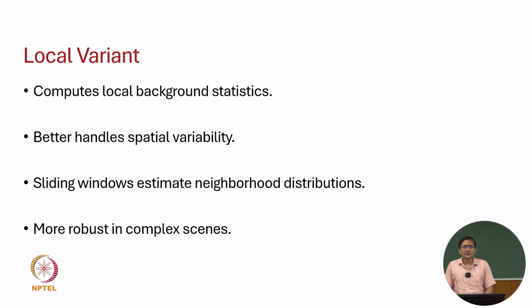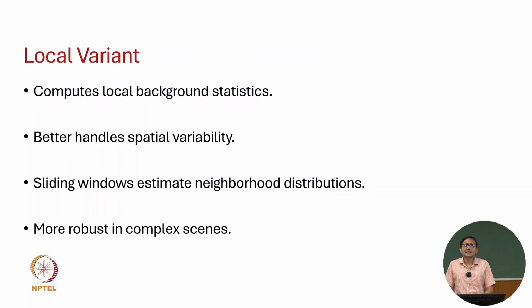Now, this local variant better handles the local spatial variability. You can think about the convolution operation itself, right? This kind of sliding window or convolution operation can be used to estimate neighborhood distribution. Of course, I have not yet come to the discussion on deep learning based approaches, so that's why I'm using the more generic term sliding window.